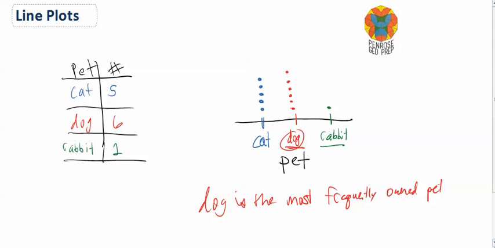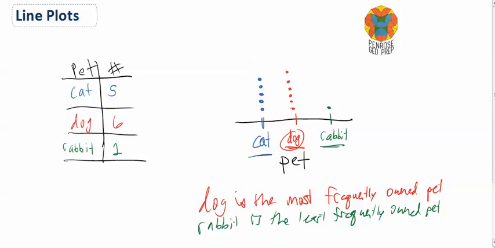And once again, we can look at the vertical height of rabbit and see that it is the least frequently owned pet in the neighborhood. And that means that cat is right in the middle of being the most and least frequently owned pet in the neighborhood, and we can see this because its height is in the middle of dog and rabbit.